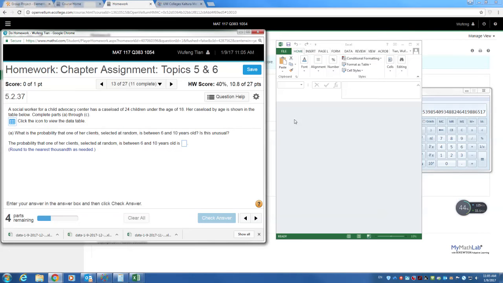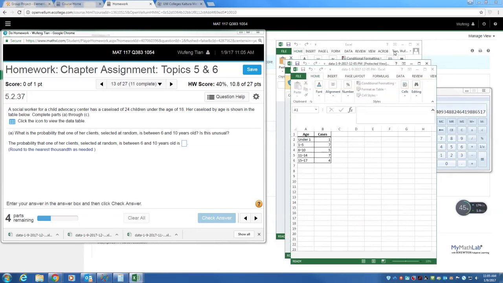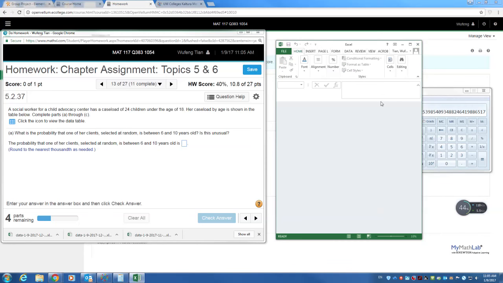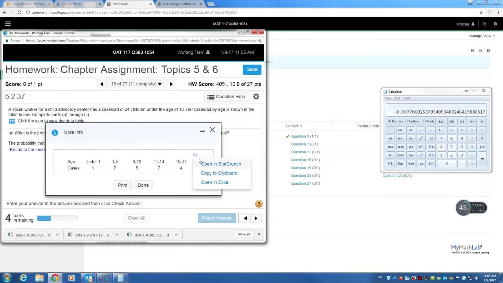The probability is pretty simple: you just use that number divided by the total. What's the probability that one of her clients selected at random is between 6 and 10 years old? Is this unusual? Okay. It's not right. Let me open it again.